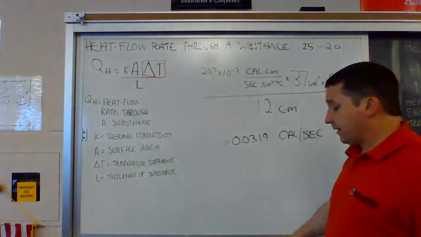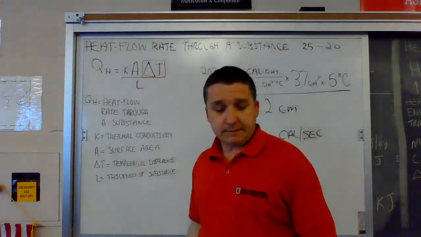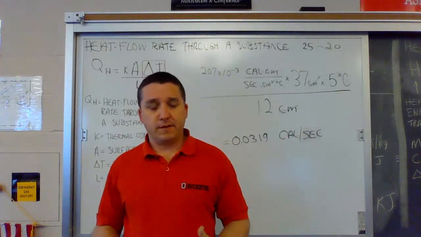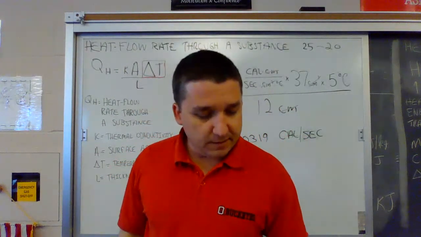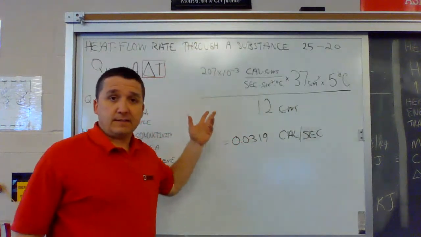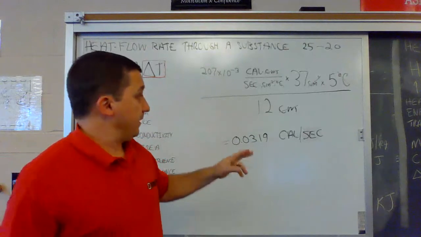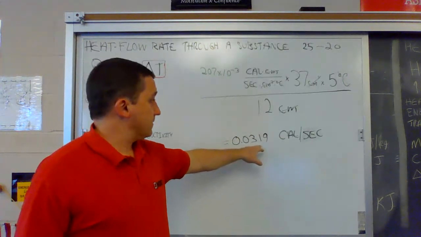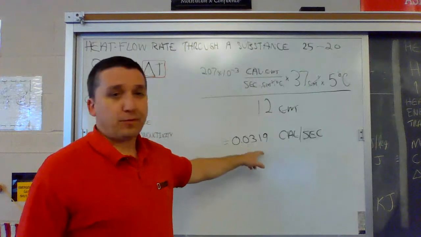So give this a shot, and if you run into some problems, that's fine. Just let me know. I will tell you this: some of the answers on this particular assignment will be really small. I mean, like this is pretty small. This is less, like 3 cents.